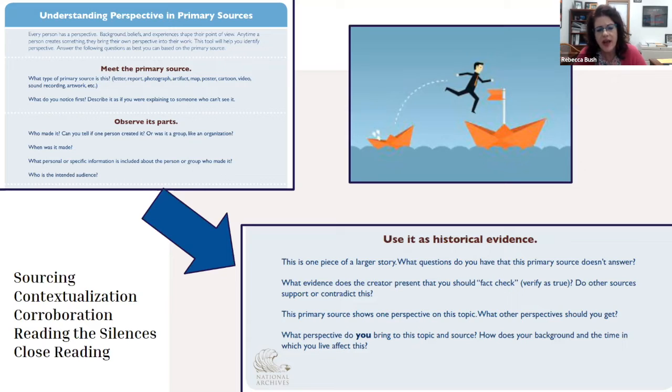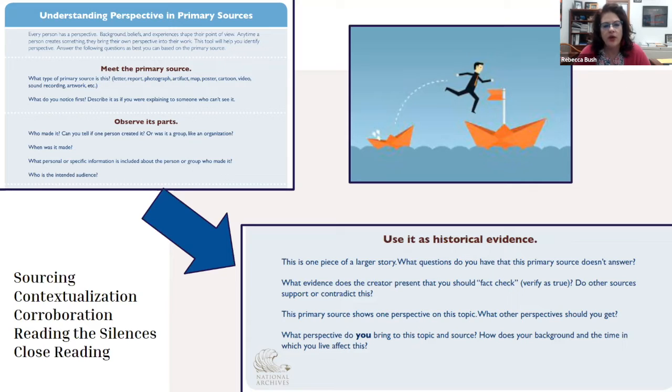And so because of that, we'll often use a document and ask certain questions. And I think sometimes we take for granted that it does take a lot of time for students to really analyze that particular document, along with that, to make connections between documents.